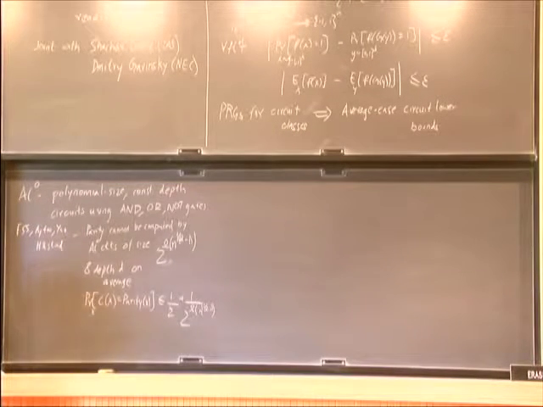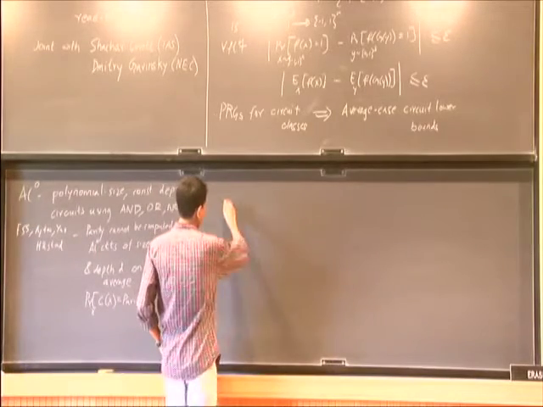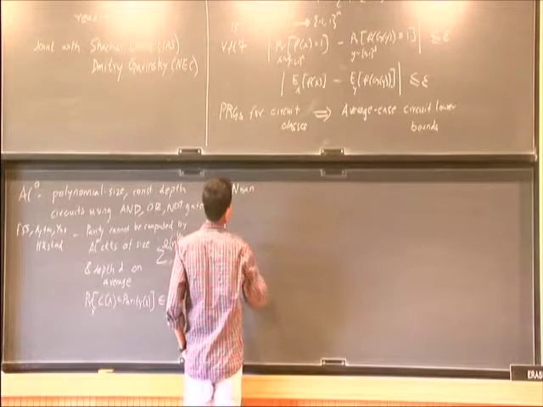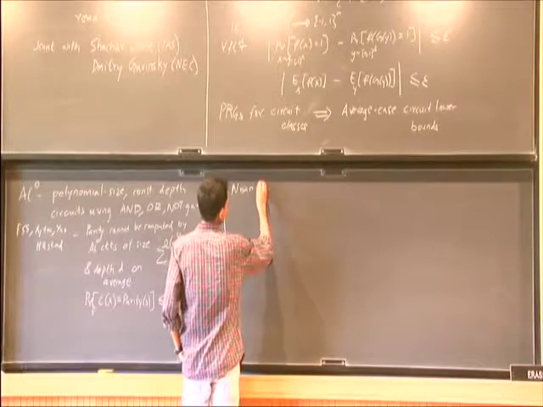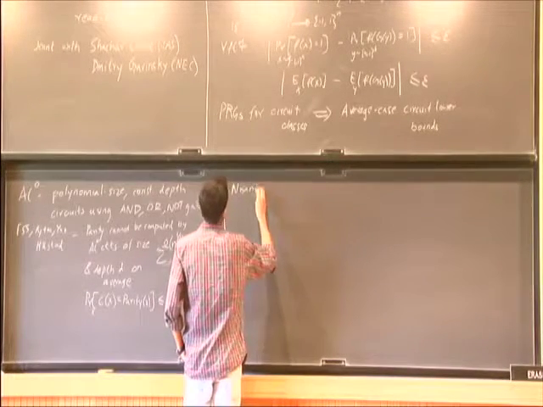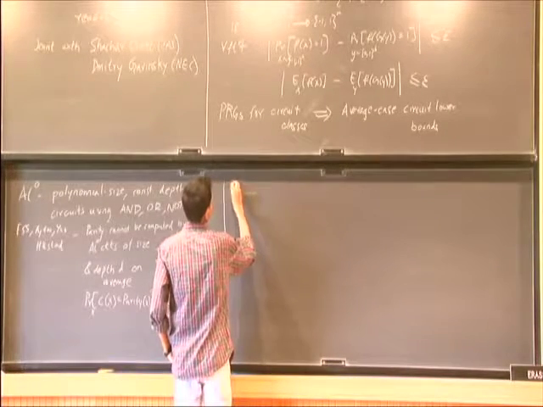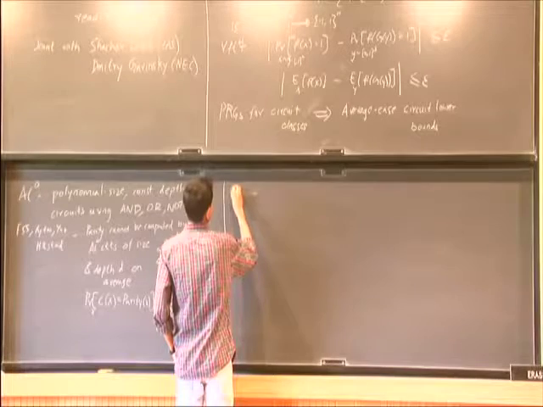Using these strong average case lower bounds, Nisan gave the first pseudorandom generators for AC0. But before I even get there, I should mention that for all circuit classes we look at, we do know that pseudorandom generators exist.